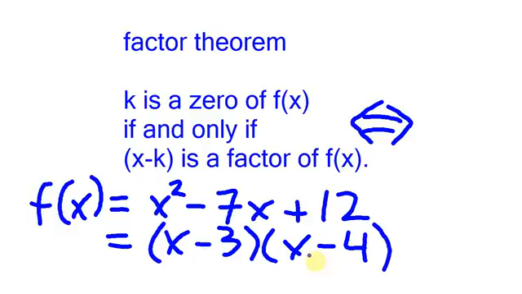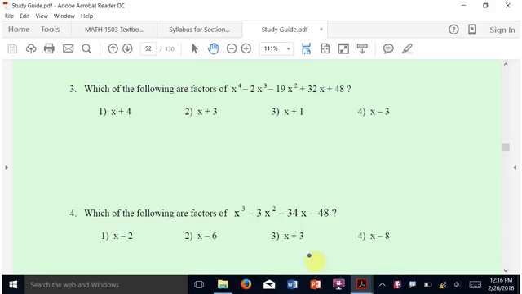Okay, this will relate to the remainder theorem, and also we can use synthetic division to help us find factors. So let's look at a problem from the study guide to see what I'm talking about. We want to find the following factors of this function. Well, let's use synthetic division.